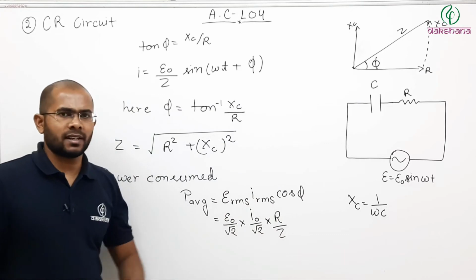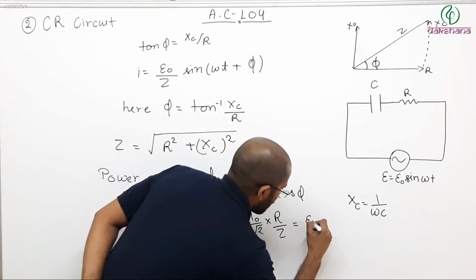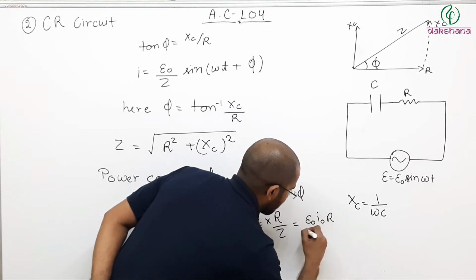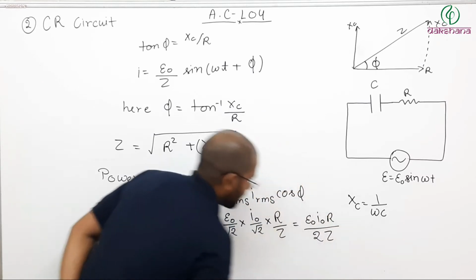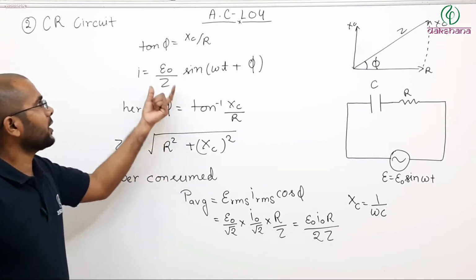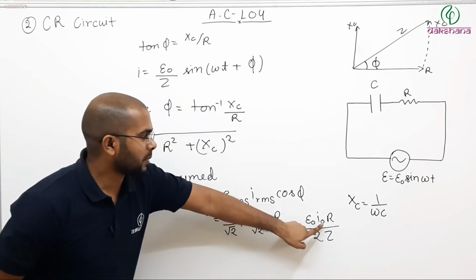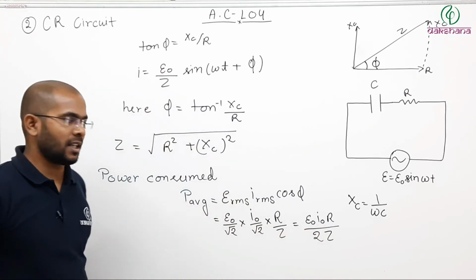You can write this in various forms. So here you can write this as E naught I naught R divided by twice of Z. Or what is I naught? I naught is nothing but E naught by Z. So here you can replace this I naught with E naught by Z also.